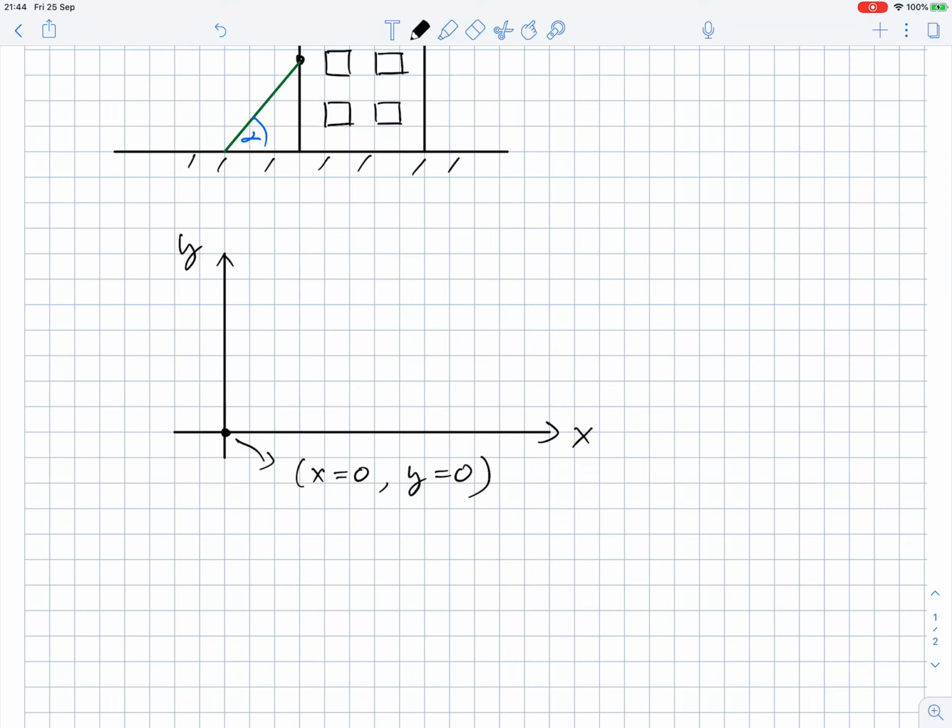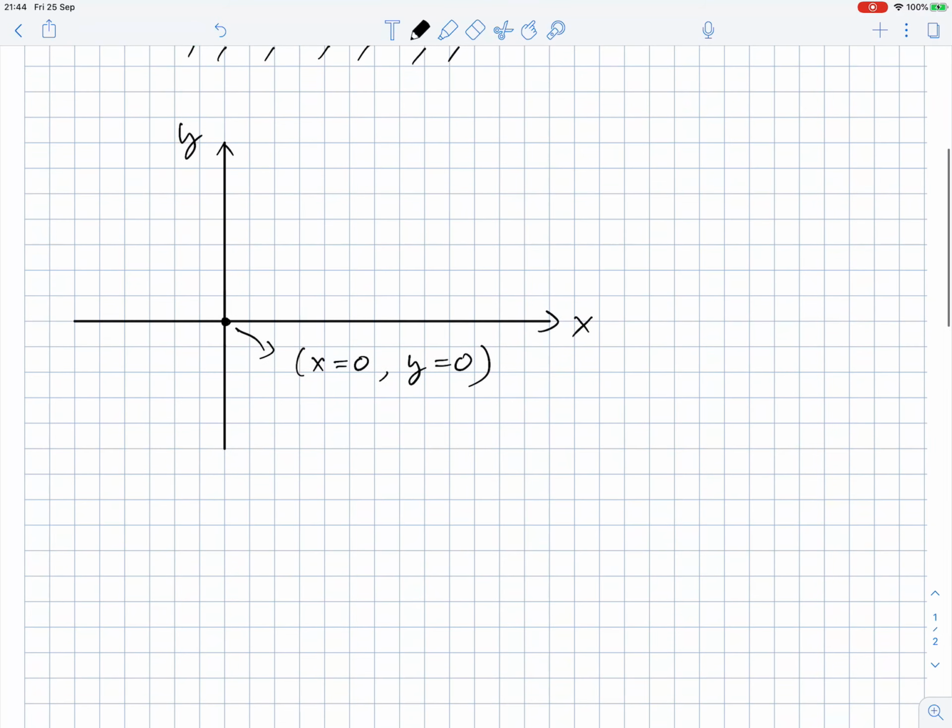The next thing we need to remember. Now from x equals 0 towards this arrow, all those numbers will be greater than 0. In this area, x would be all greater or equal to 0.